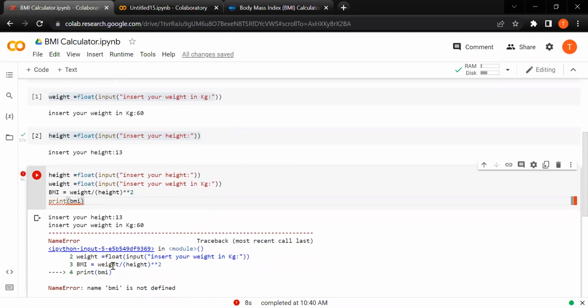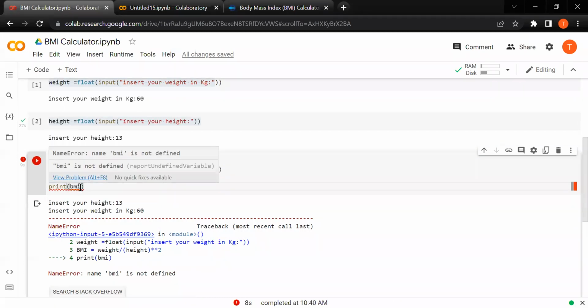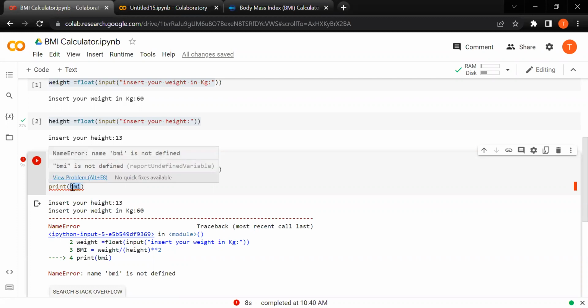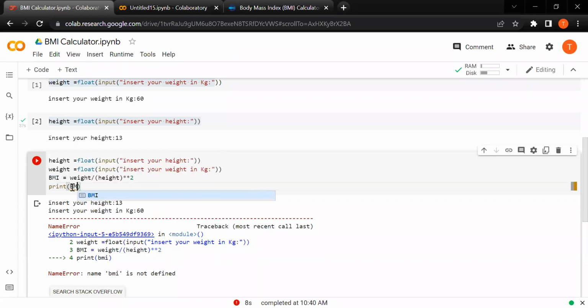Why? The name BMI is not defined, but we have a BMI here. Yes, this is to let you know that Python is case sensitive. BMI in lowercase is different from BMI in uppercase. So we need to write it the same way so that the machine knows we're actually referring to the one we defined.